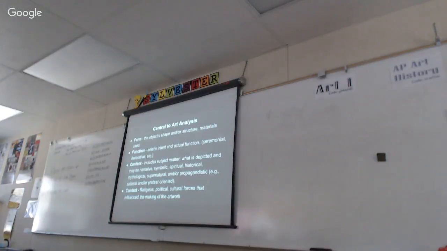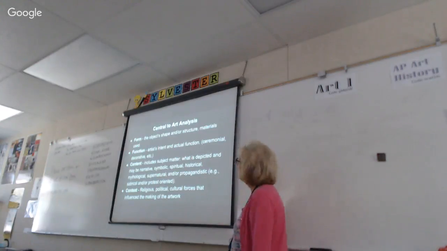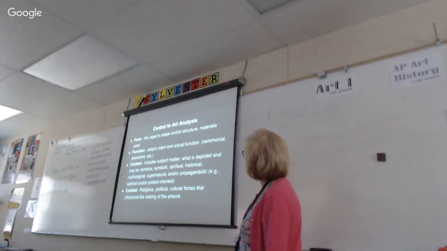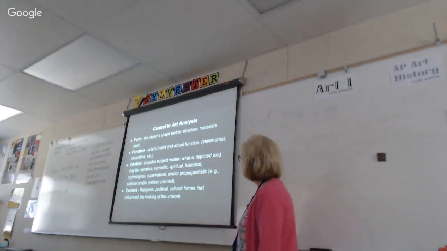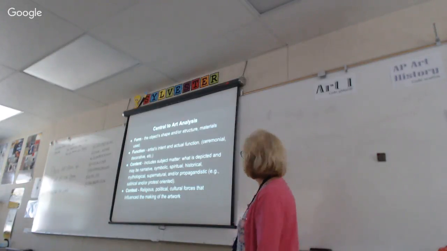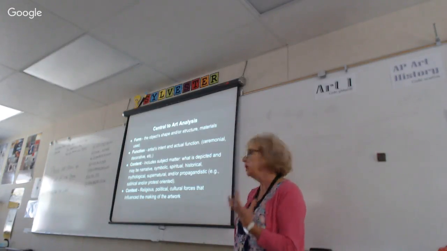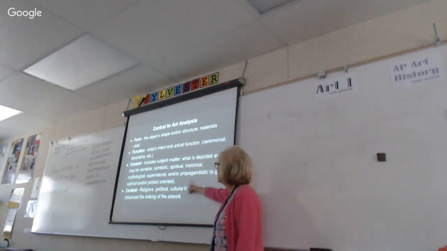So we're going to look a lot more at form, function, content, and context. Form is the object's shape and or structure and materials used. Function is the artist's intent and actual function, whether it's ceremonial or decorative. Content includes the subject matter, what is depicted, and whether it's a narrative, whether it's symbolic, whether it's spiritual or religious, whether it's historical, mythological, supernatural, or propagandist.